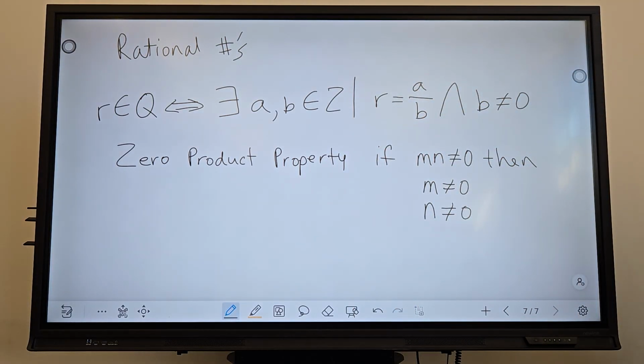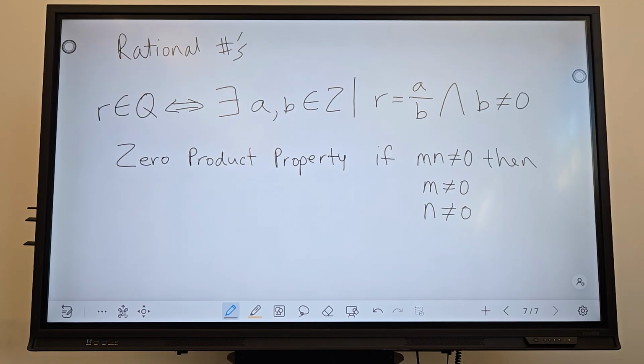Does that make sense? To get a product of 0, one of the two factors has to be 0. So if the product is not 0, then both of the factors are not 0 as well. It's a handy little property that will come in handy later in the chapter.